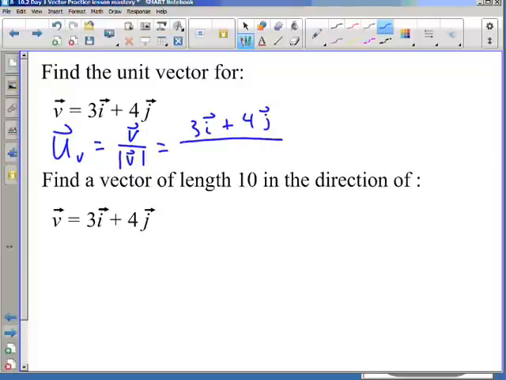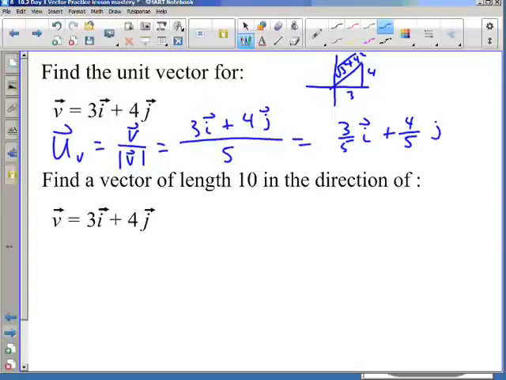The magnitude is, if we looked at this vector, right 3 and up 4, it would be square root of 3 squared plus 4 squared. That's 25, which of course is 5. And writing a fraction, we can put 3/5 as the component for the horizontal and 4/5 for the component of the vertical.